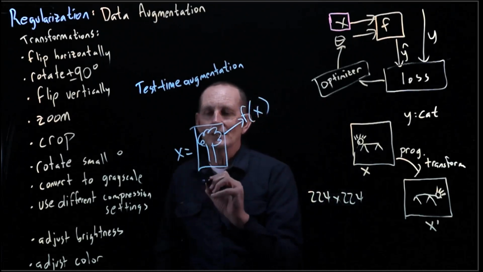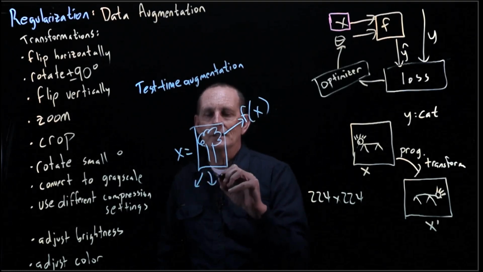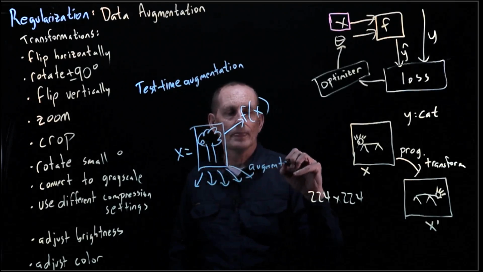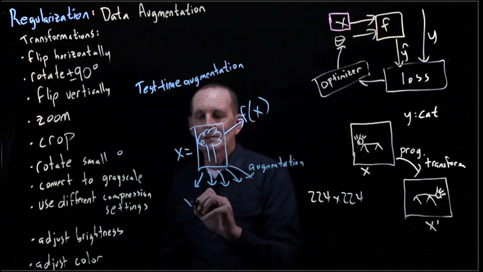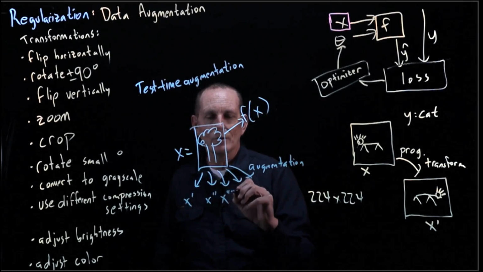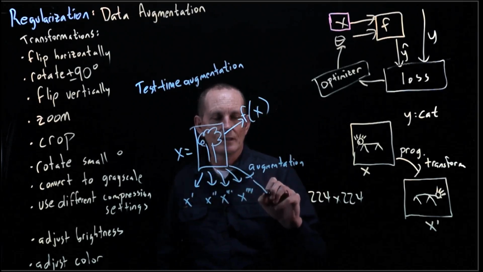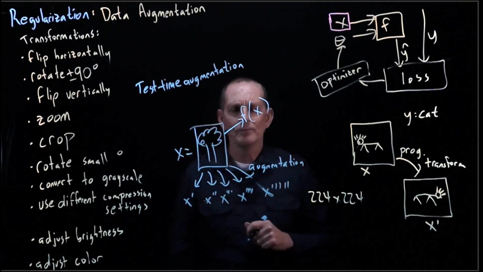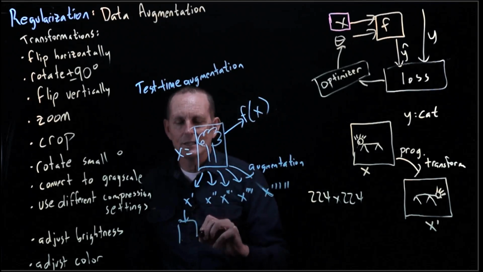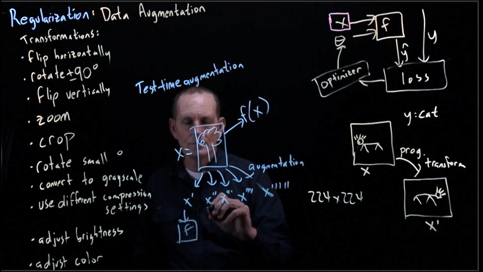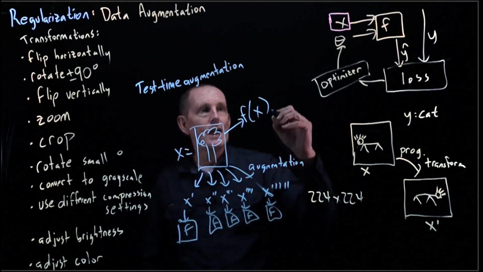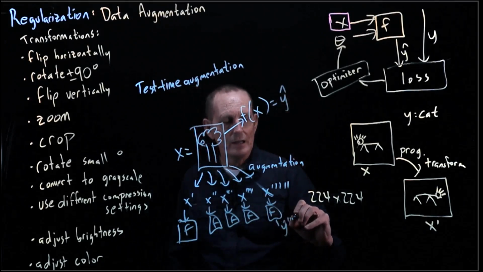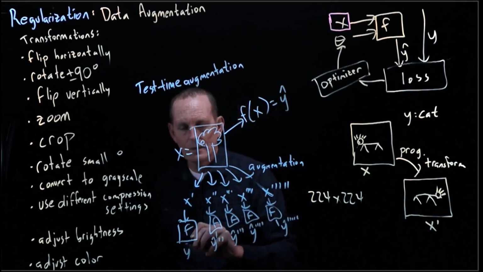What we could do, though, is generate, via augmentation, x prime, x double prime, x triple prime, x quadruple prime, and x quintuple prime, and feed these all into f. Now this gives out y hat, y hat prime, and so on.